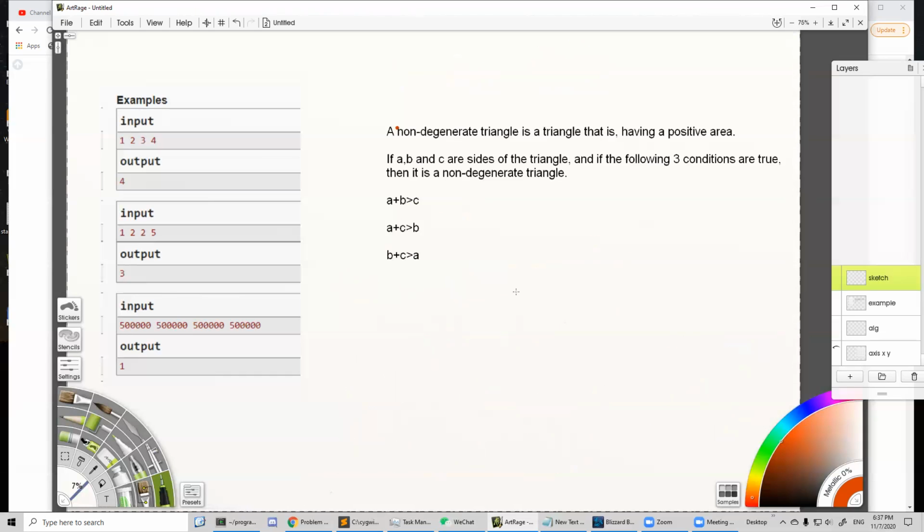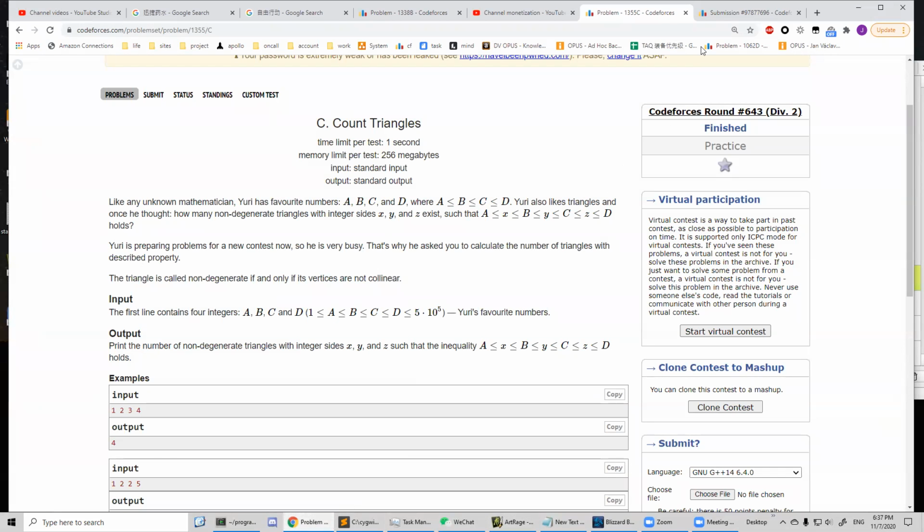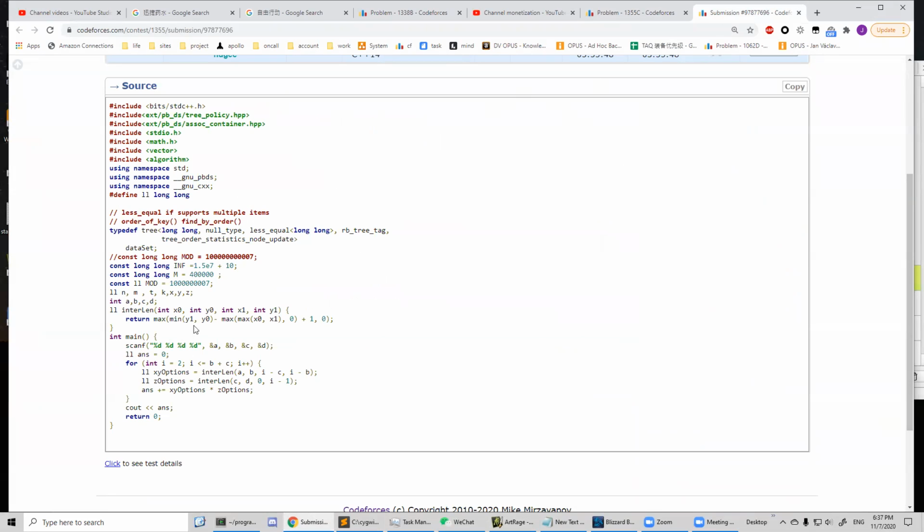So let's take a look at the code. So we are going to open the web page and look at the code. Here we have a small function. This function calculates the intersection of two ranges.